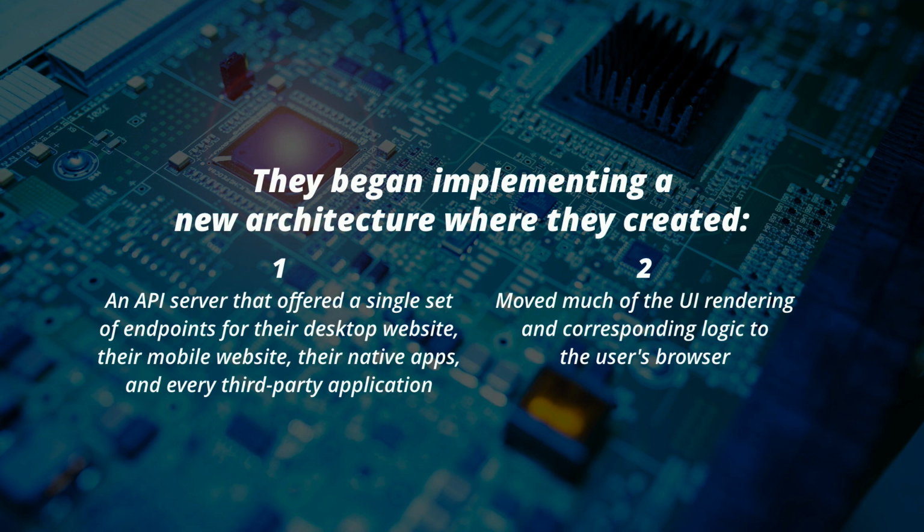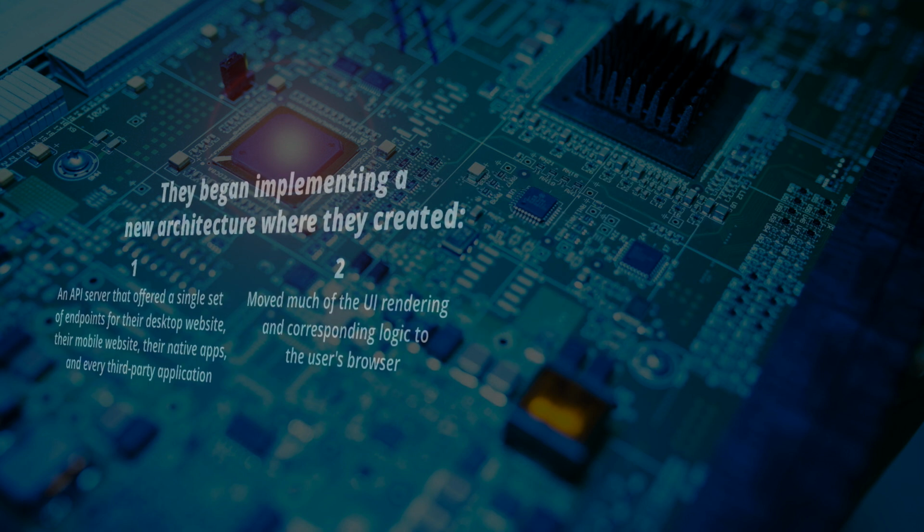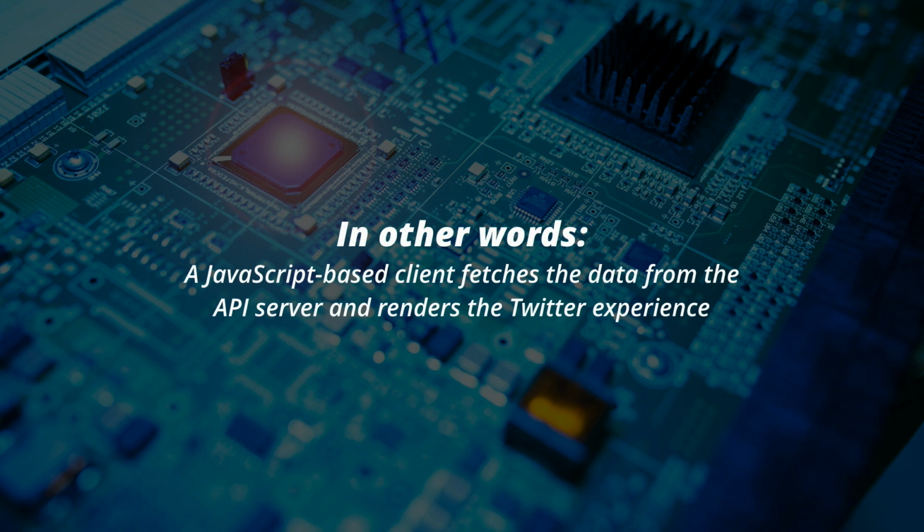And then they used JavaScript to build the twitter.com user experience. So very much a decoupled application: a JavaScript client fetching data from that API server and then rendering that data to provide the experience.